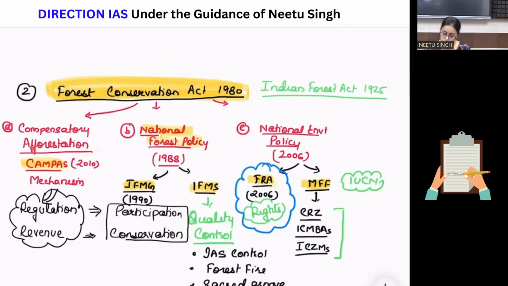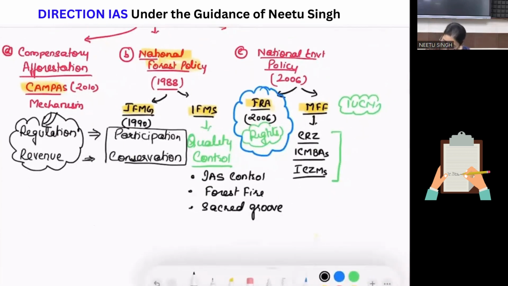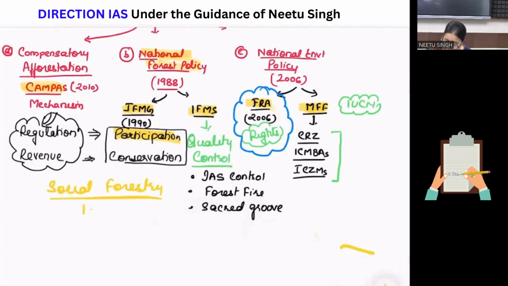Let us talk about participation first. When I take into reference participation, what exactly are we applying? Participation essentially goes with the mobilization of social forestry. Social forestry was initiated in India in 1976. It was basically the outcome of the Stockholm Conference, the United Nations Conference on Environment. Social forestry was basically with 5 Fs.